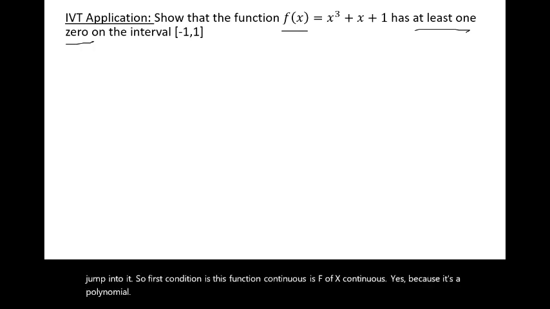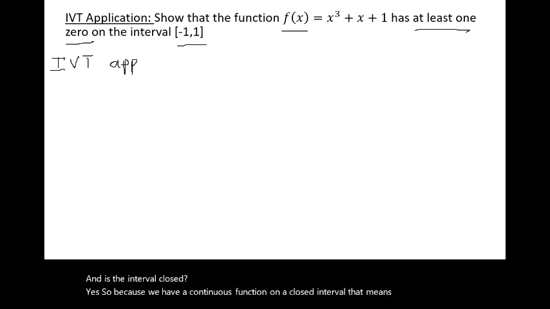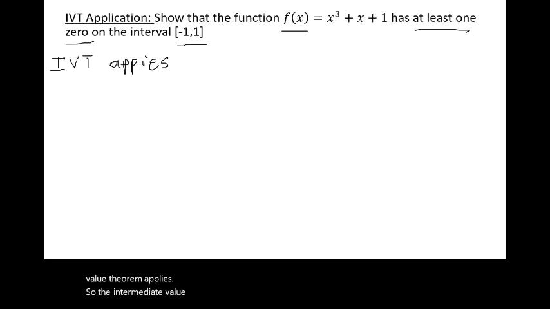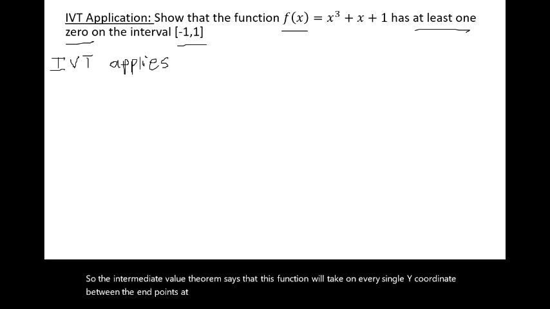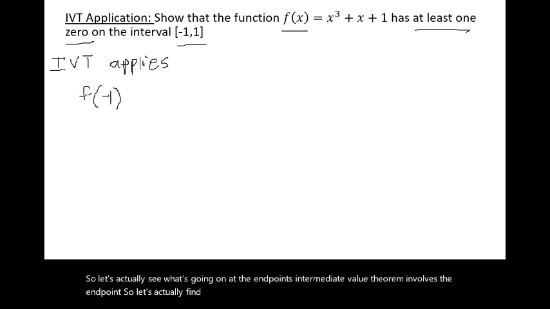And is the interval closed? Yes. Because we have a continuous function on a closed interval, the intermediate value theorem applies. It says this function will take on every single y-coordinate between the endpoints at least once. Let's see what's going on at the endpoints, since the intermediate value theorem involves the endpoints. So let's find f of -1 and f of 1.